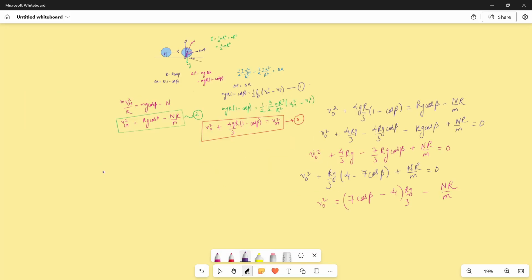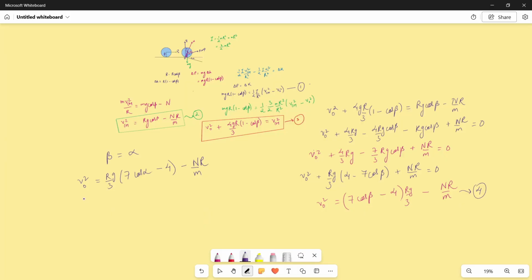We know beta can never be greater than alpha. Therefore, we can write beta to be equal to alpha. And we can rewrite this equation number 4 into v naught square equals rg by 3 times (7 cos alpha minus 4) minus Nr by m.